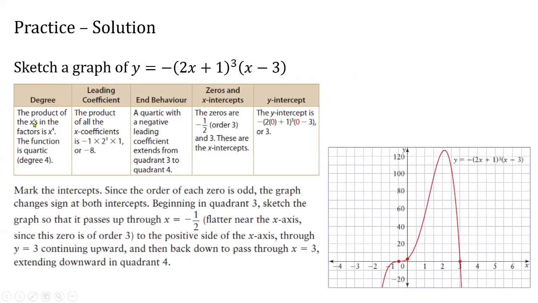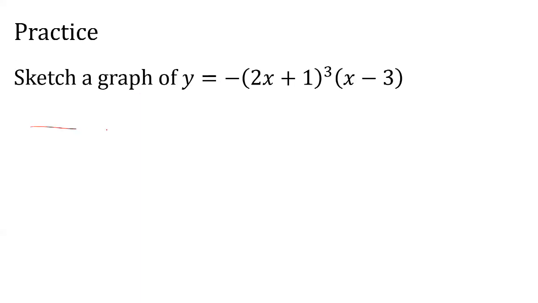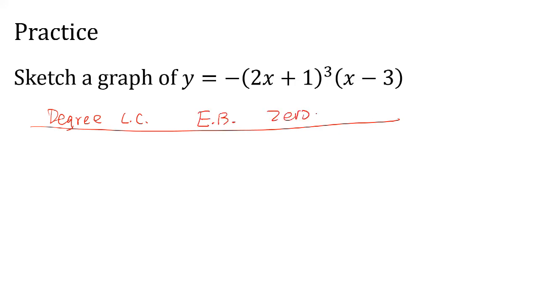All right, to sketch this graph, we need to analyze all the key features. First, degree, and then leading coefficient, and then end behavior, and zeros with degrees, and then y-intercept, right? So what is the degree? Degree is the highest order.